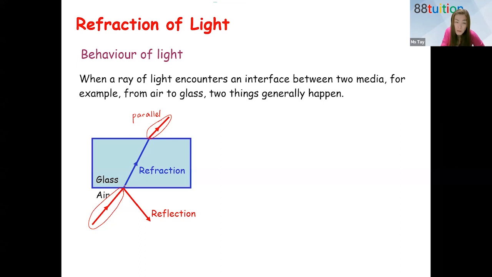It slows down because glass is denser than air. That's why it travels at this angle, still in a straight line, but a new straight line. When it hits this point and comes out of the glass, it will travel at the same speed in air just like before. That's why this line and this line that I circled are parallel. This is what your teacher will check for if you are drawing the light rays.